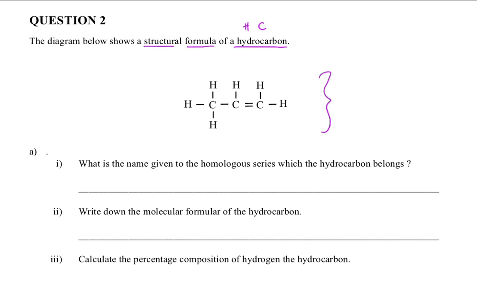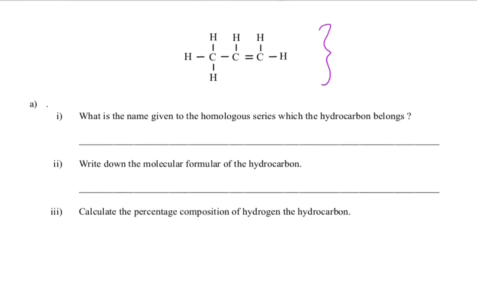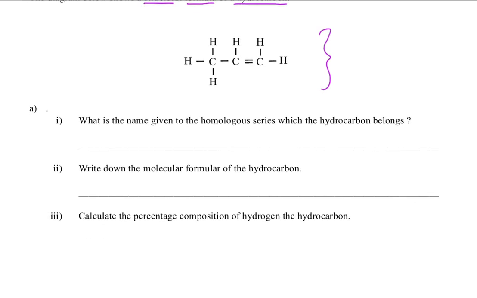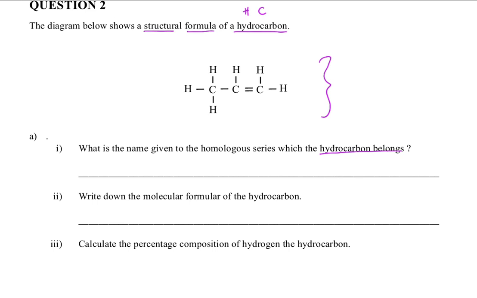So now the question goes, what is the name given to the homologous series to which the hydrocarbon belongs? If we check the hydrocarbon, we find we have a carbon double bond, or a C=C bond.